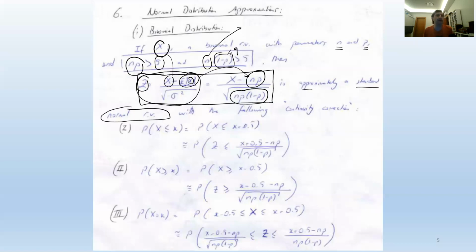If these conditions hold, and practically this corresponds to a large number of trials, with p sufficiently large, then when you standardize the binomial random variable with respect to its own expected value and its own standard deviation, you end up with approximately a standard normal random variable.